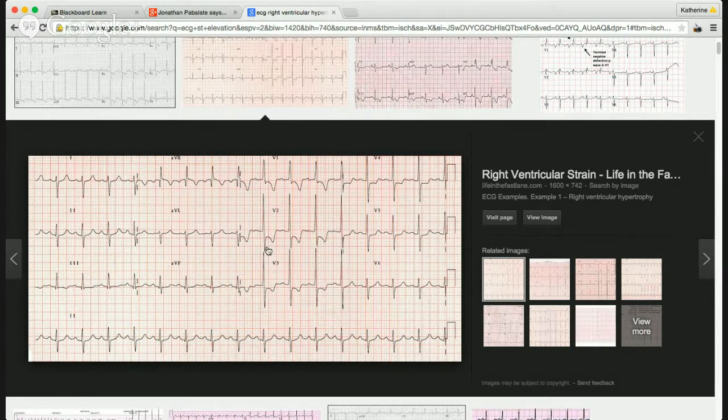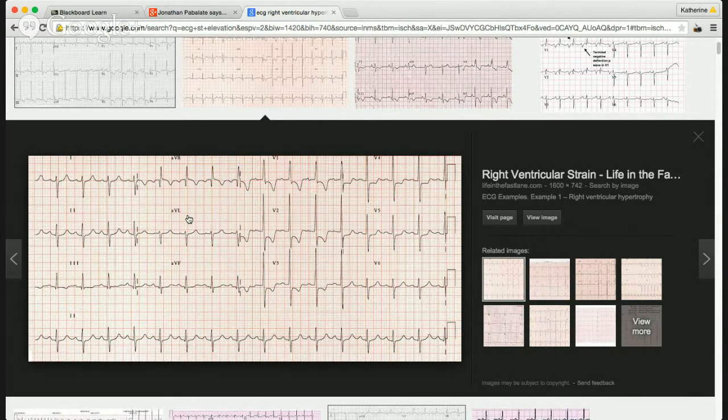For ischemia, I'm looking for inverted T waves, and those are present in lead 3, AVR, V1, V2, V3, V4, and that's it. And the inverted T waves indicate ischemia.